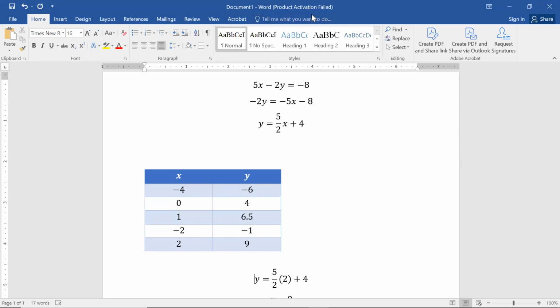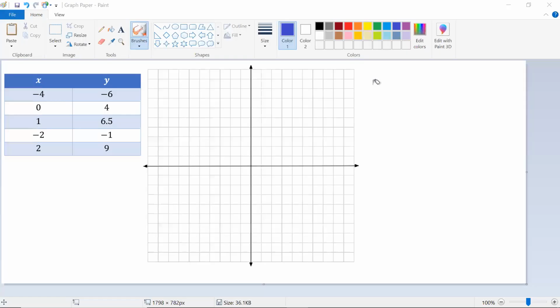So let's graph this. I'll again graph this in blue. Again, it doesn't matter what color this is. So -4, -6: left 4, down 6.